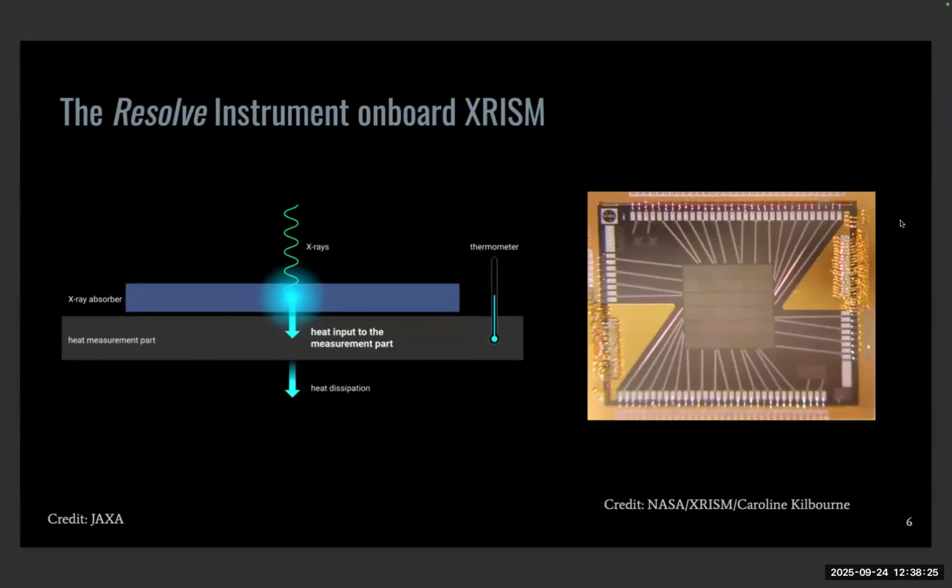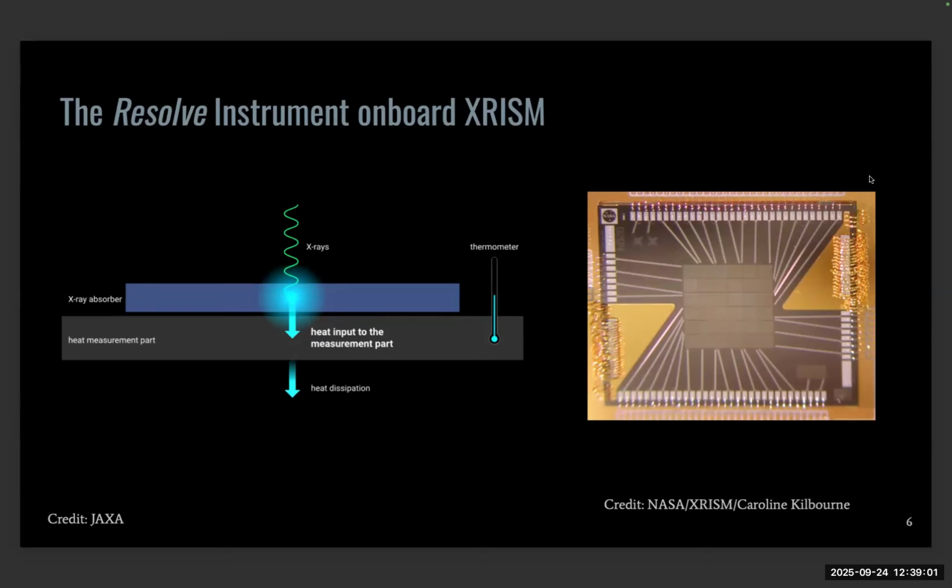So here's a picture on the right-hand side of how this microcalorimeter array looks. This is a grid of 6 by 6 individual pixels, and the way this works, or basically how all microcalorimeter X-ray spectrometers work, is that individual photons get absorbed by these pixels, and you measure the temperature increase of that pixel due to the energy deposition.